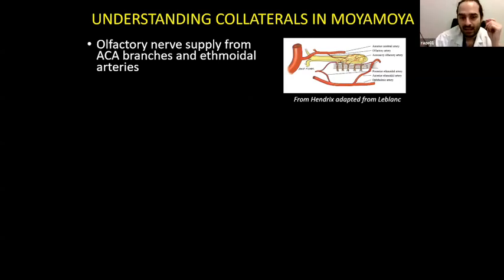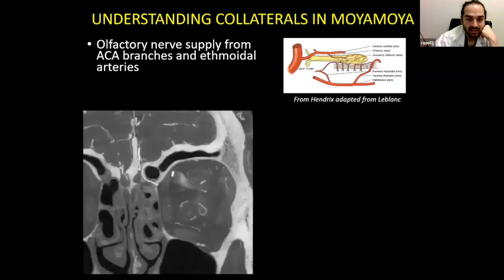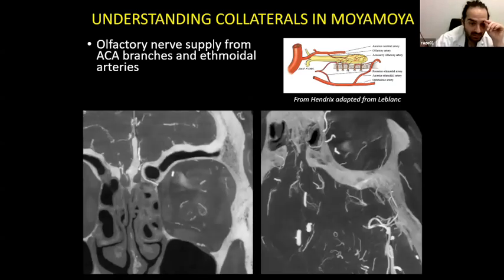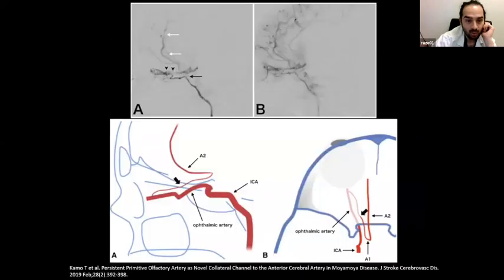For example, a collateral that is very often there is between the ethmoidal arteries and the anterior cerebral artery, what is called the rete ethmoidalis. Here is an example of this connection between the ophthalmic artery and the anterior cerebral artery, and I'm going to show you more in detail.